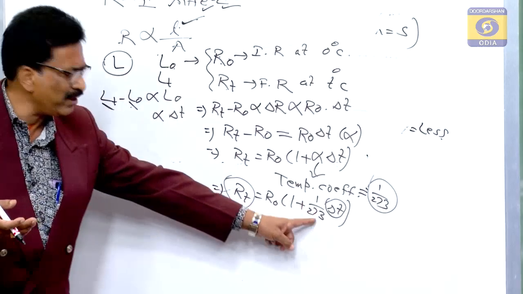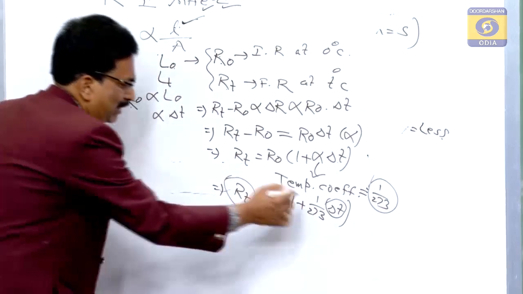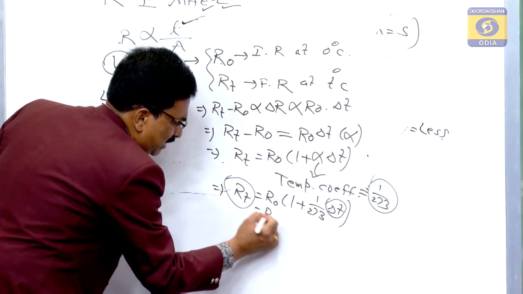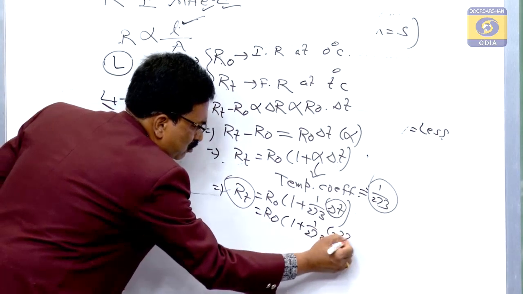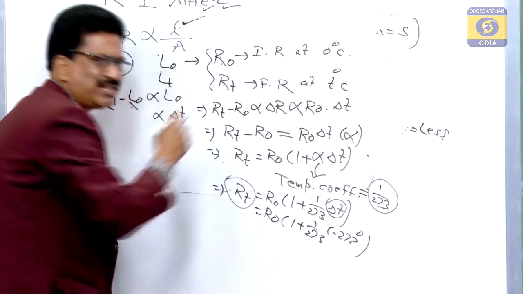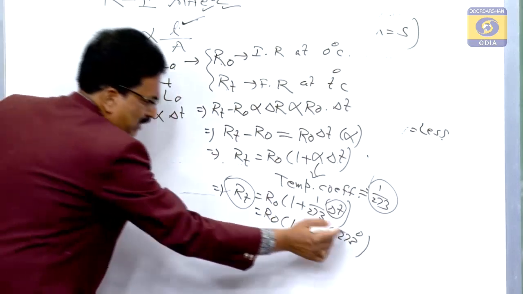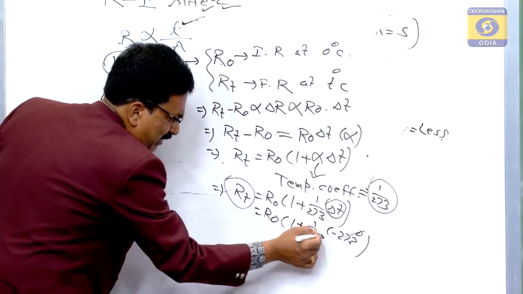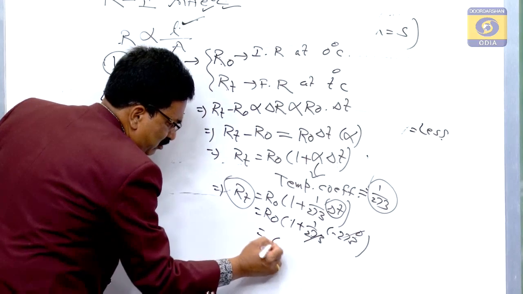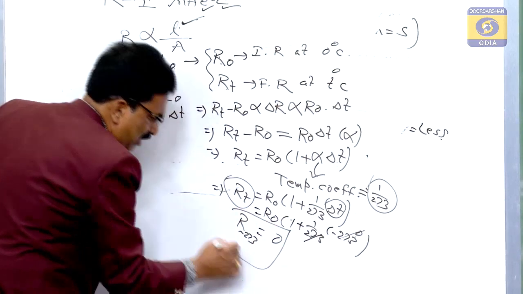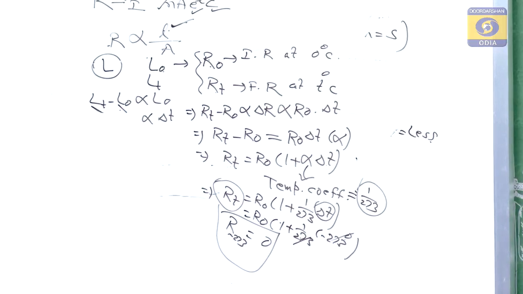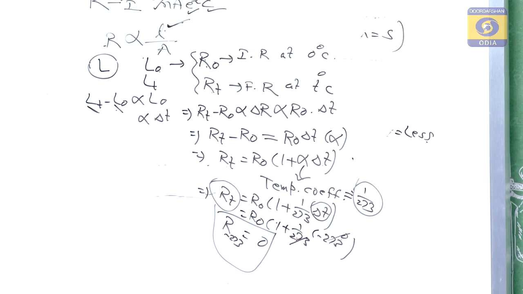From there it is also clear that if this ΔT, the change in temperature, is minus 273 degrees, that is absolute zero, then the 273 is cancelled, and 1 minus 1 is equal to 0. So the resistance at minus 273 becomes 0, and that is known as the absolute zero temperature.